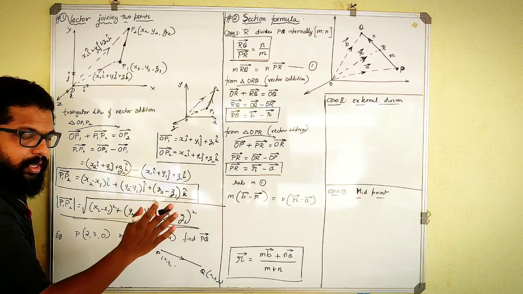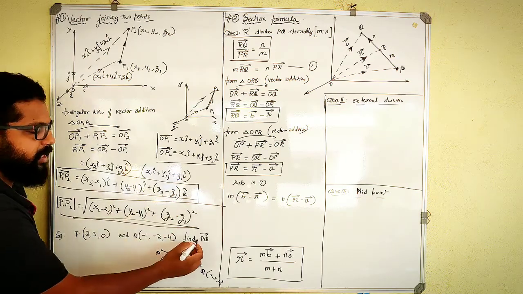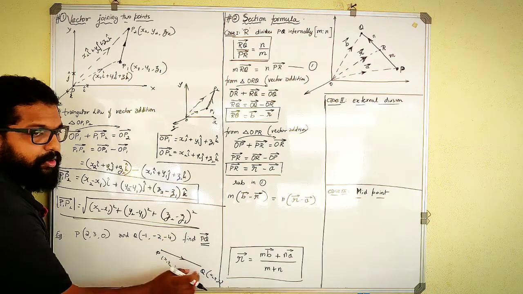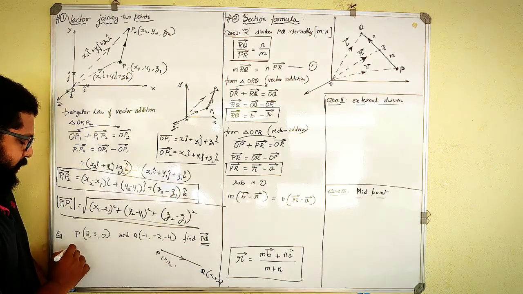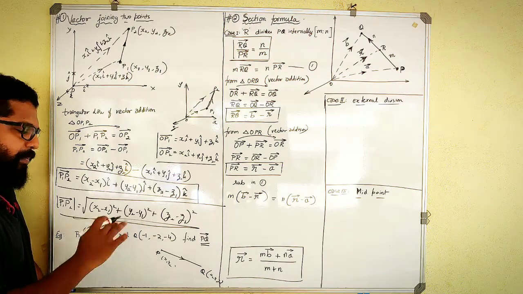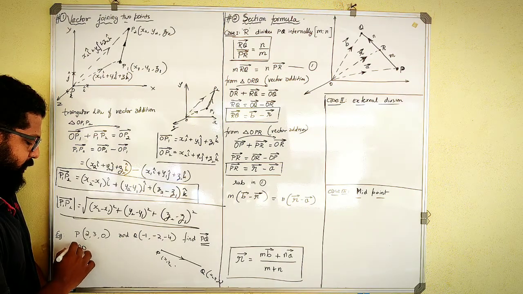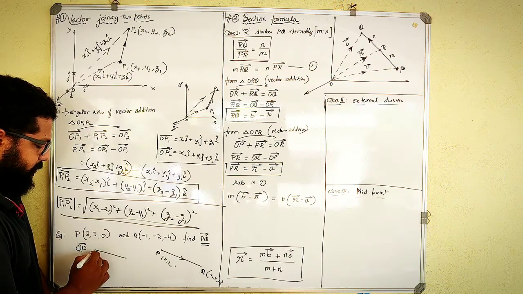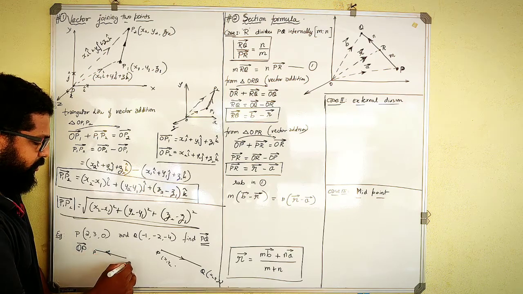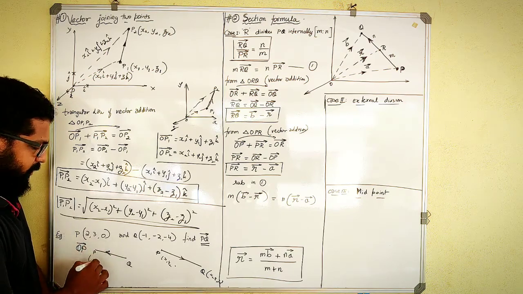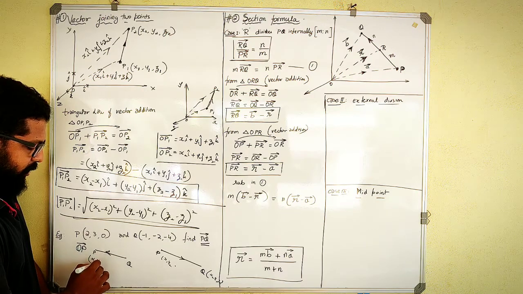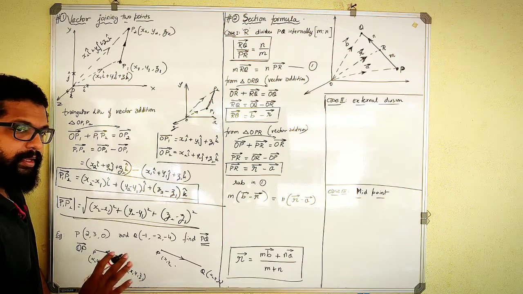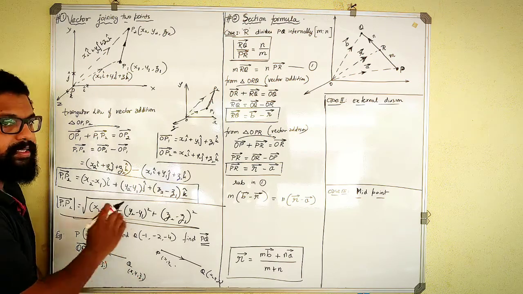So if they had given PQ, this PQ is nothing but the vector from P to Q. If they had asked you to find the vector directed from Q to P, then the value at P will become x2, y2, z2, and this one will become x1, y1, z1. Clear? So understand this difference in these types of problems.